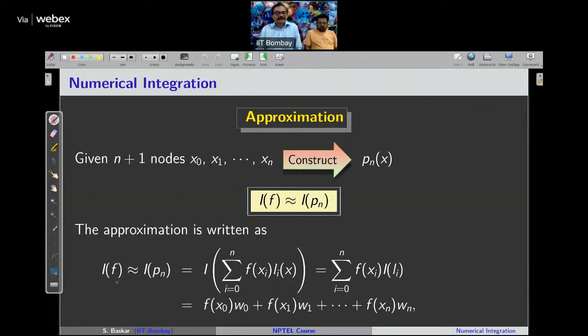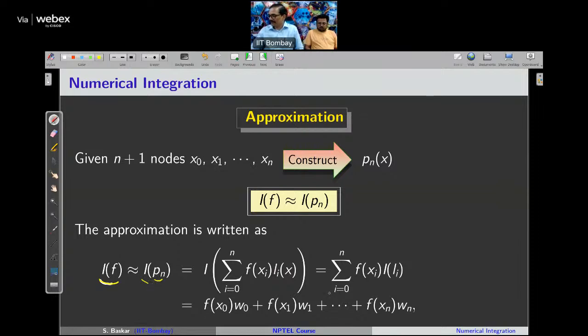This is the exact integral that you want to evaluate, right? What you are doing is approximating the integrand by a polynomial, and then taking the integral of that polynomial.